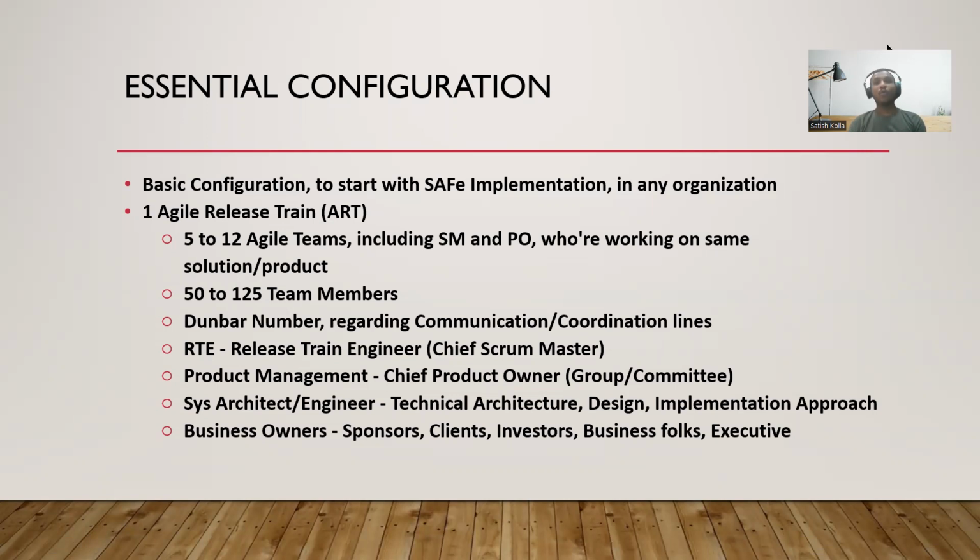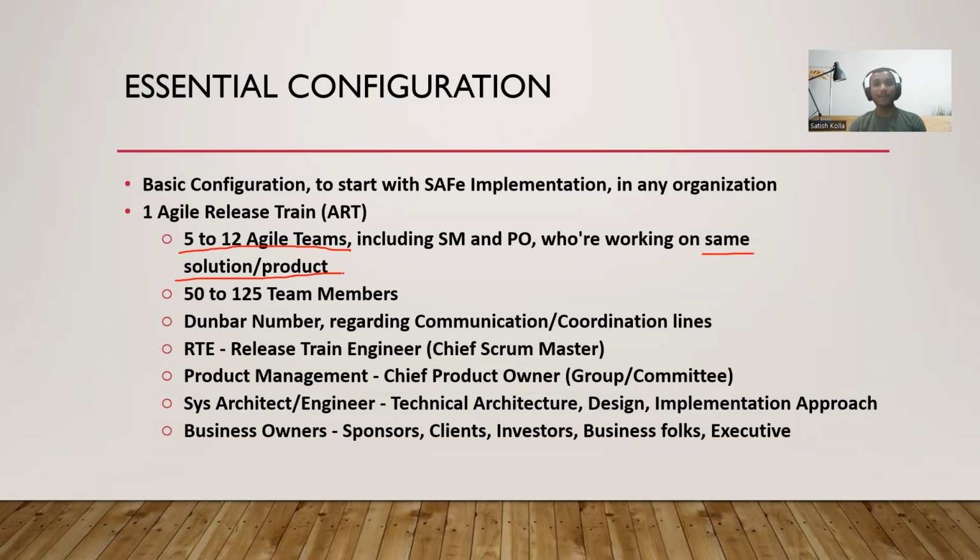So when we say essential configuration, it has one agile release train with 5 to 12 agile teams, the teams who are working on the same solution or product. It shouldn't be that teams working on a banking module, teams working on an insurance module, teams working on a retail module or telecom module are brought together and formed as an agile release train.